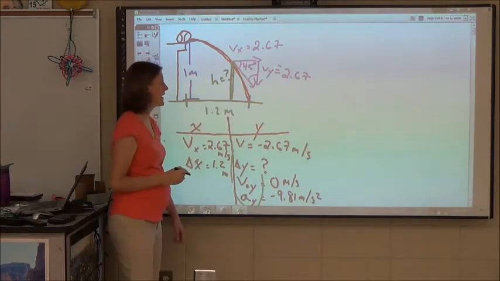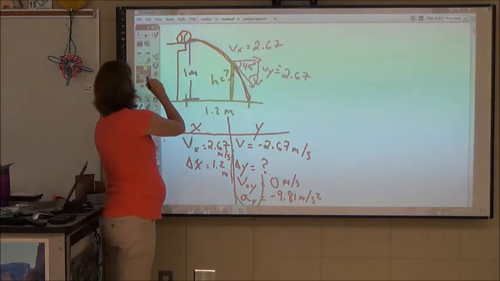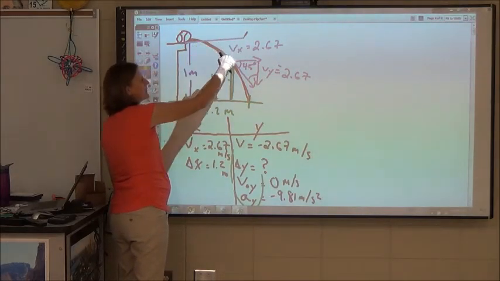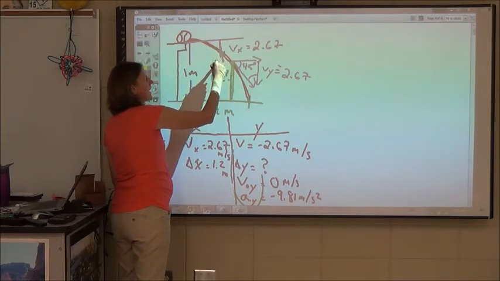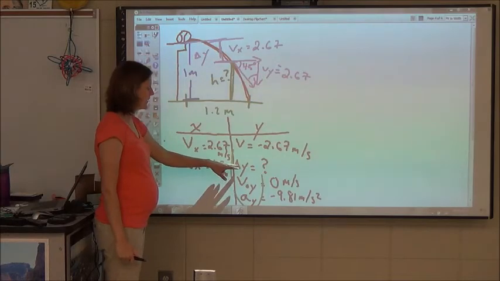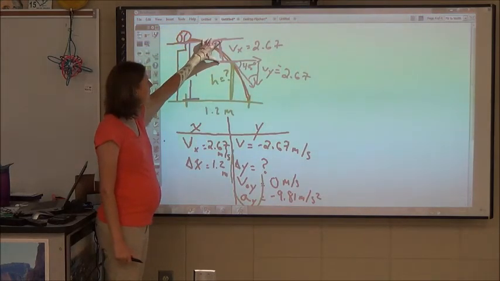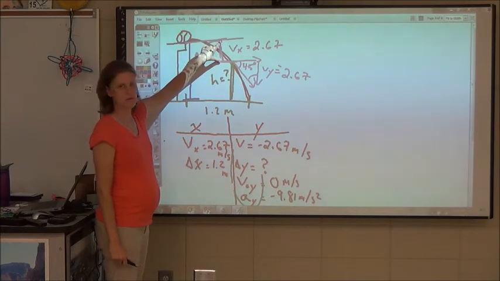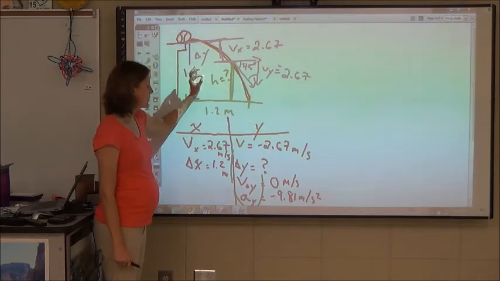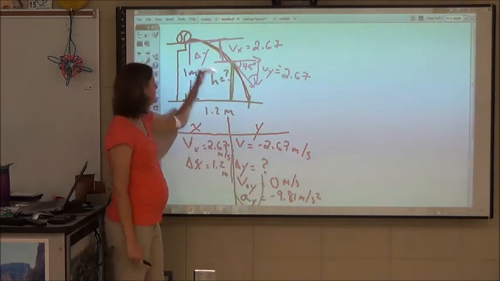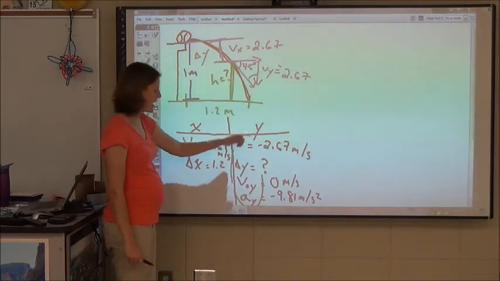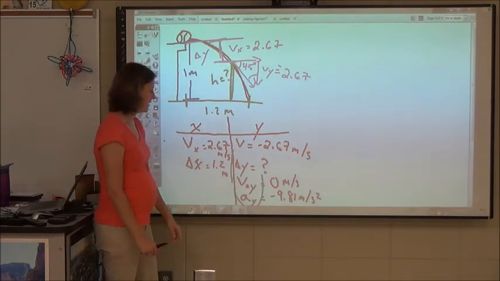So it's this height that I want to find. Technically, if I'm finding the displacement though, I'm really finding it from here, final minus initial. This is actually what I'm solving for, delta y. If I'm solving for delta y, I'm really solving for this distance. Sorry, my picture's getting a little messy here, but final minus initial, how far down did it go between the moments of initial velocity is 0 to final velocity is negative 2.67. So that's going to give me the drop between these two values.